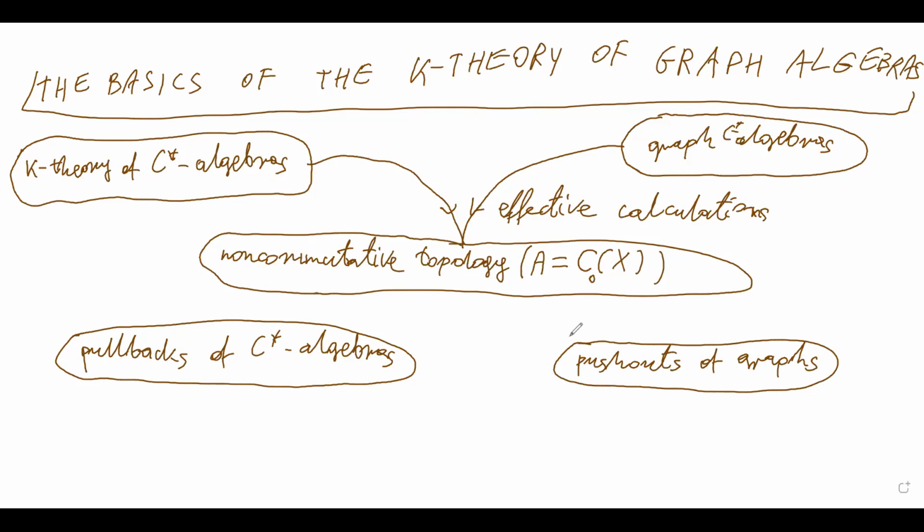Now, this unraveling of pullbacks of graph C*-algebras as coming from pushouts of graphs gives us some understanding that allows us to study quantum spaces. And we do it by applying the so-called Mayer-Vietoris principle.